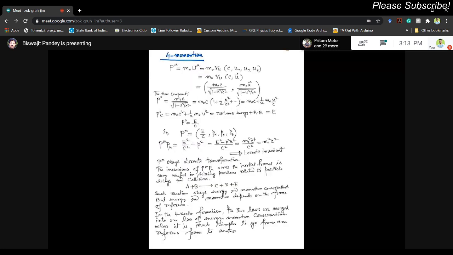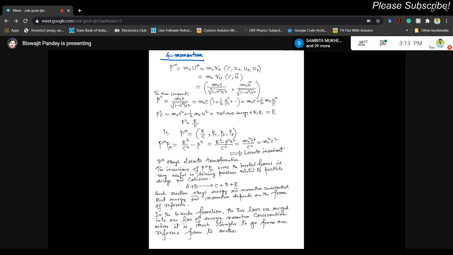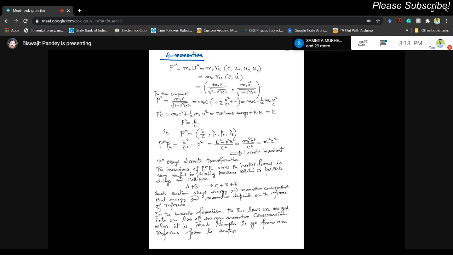What about the 4 momentum of a particle? First, I will discuss a particle, and then I will talk about photon. Okay, what is 4 momentum? Again, I already told you, to be a valid 4 vector, it must obey Lorentz transformation. So 4 velocity you have constructed in such a way that it obeys Lorentz transformation. So we don't have any problem with 4 velocity.